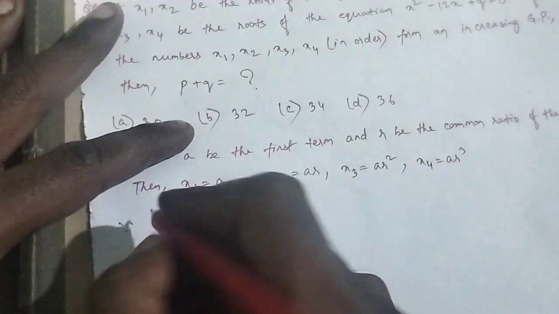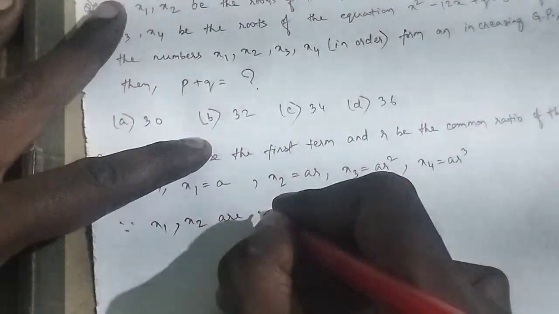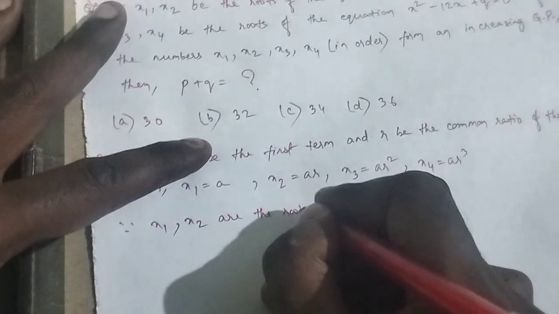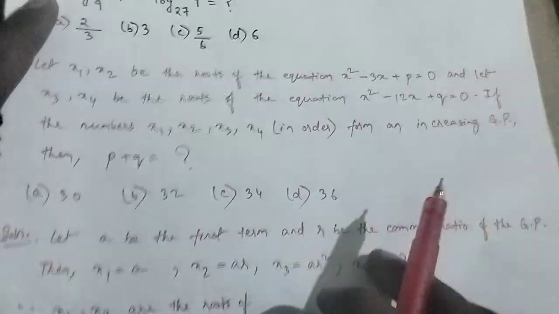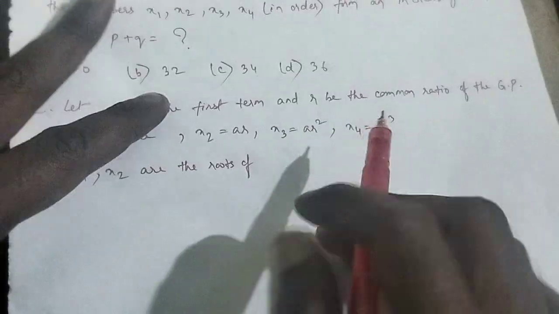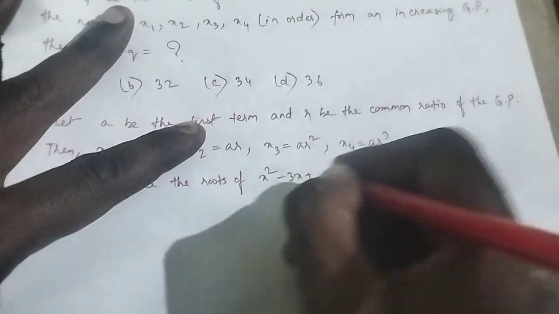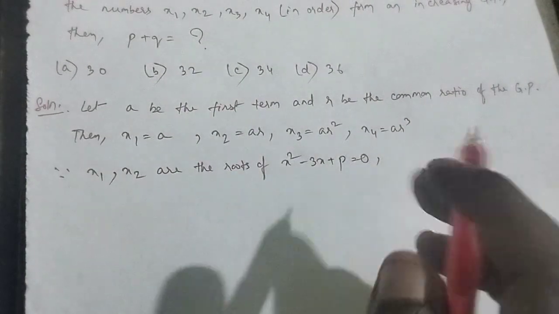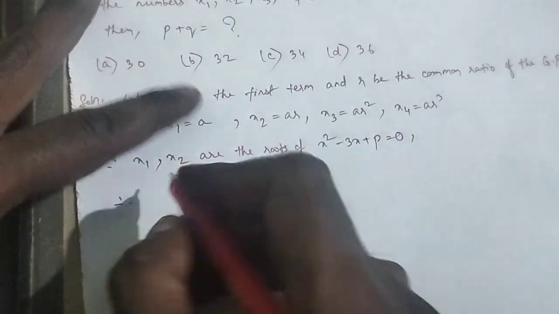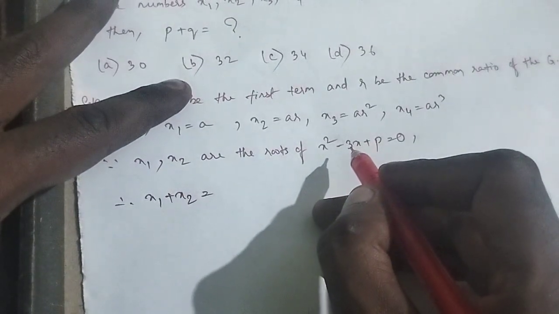So as x1 and x2 are the roots of this equation, x square minus 3x plus p is equal to 0, therefore the sum of the roots, that means x1 plus x2, is equal to minus b by a, that is it will be 3.